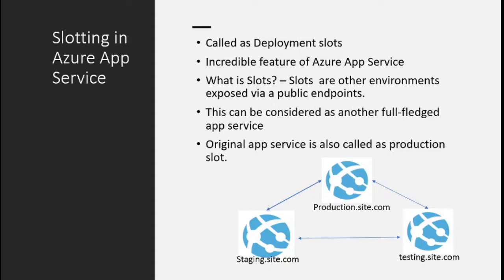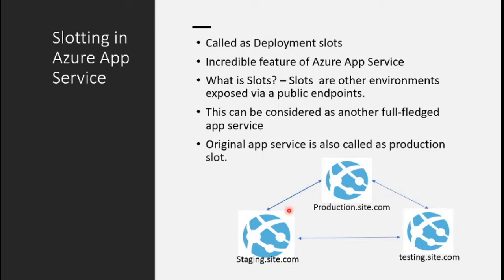If we think of the same thing in Azure, you have another advantage, the deployment slot, which means you can create an environment exactly like your production environment. For example, you have a production site called productionsite.com. You can create a separate slot, a staging site, within the same app service, and you can copy all the settings of that website.